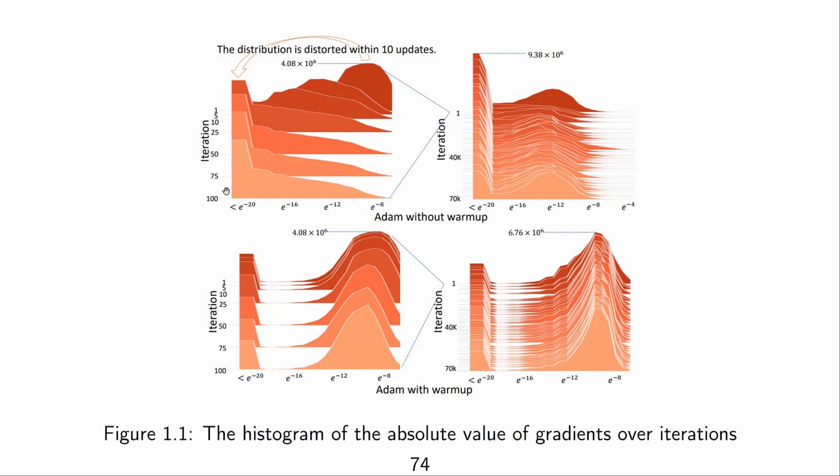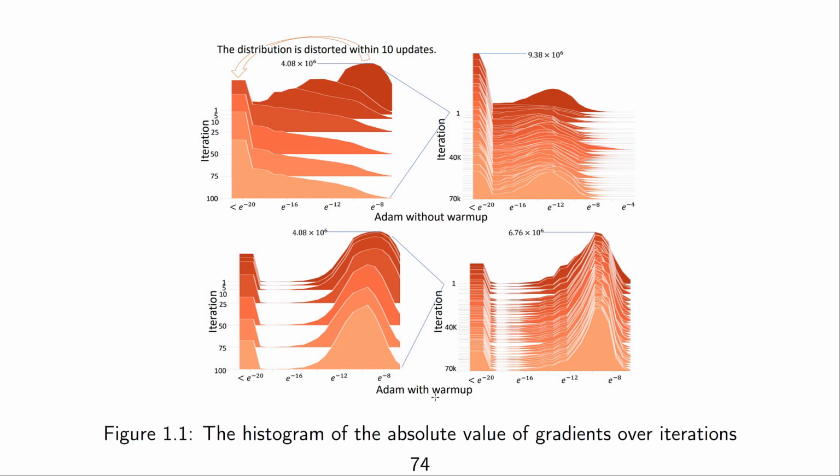Zooming in here on the first 100 iterations, what we see is that this histogram is distorted very, very quickly. Within 10 updates, it goes from this type of shape that you see here to what the authors say is an undesirable shape.